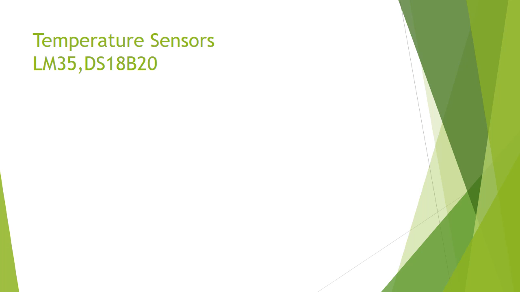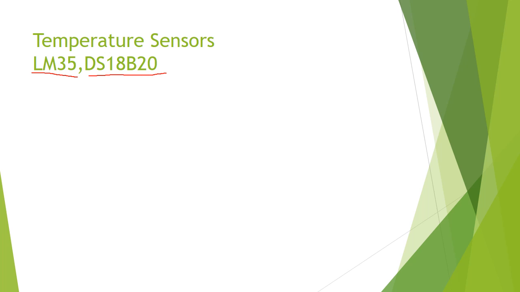First we will start with our first sensor, the temperature sensor. In the market there are two types of sensors available. The first is LM35. This is the basic sensor available here, and I will show you the figure also. The next is DS18B20.